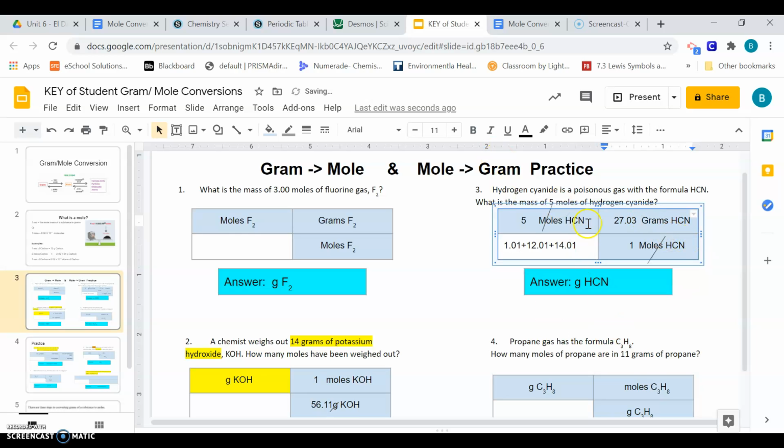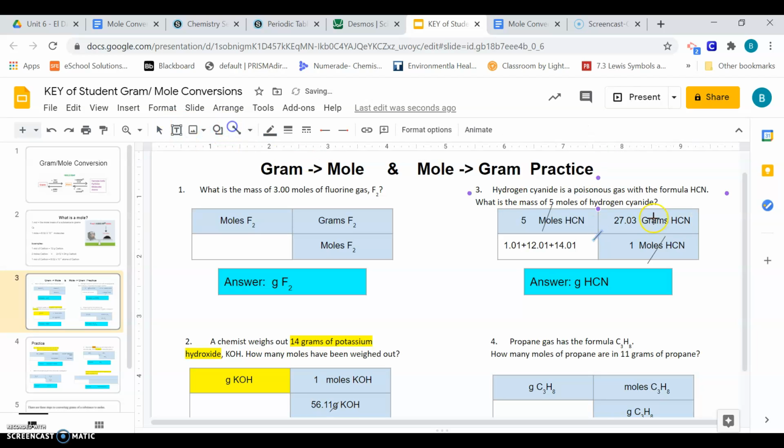So when we do our math, we can almost pretend that there's an X in between here, like a multiplication. So what you do is you multiply the top and divide by the bottom. So in this case, we have 5 times 27.03 divided by 1.